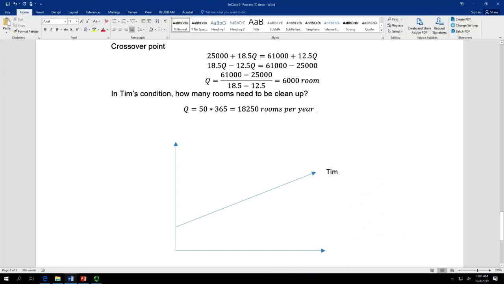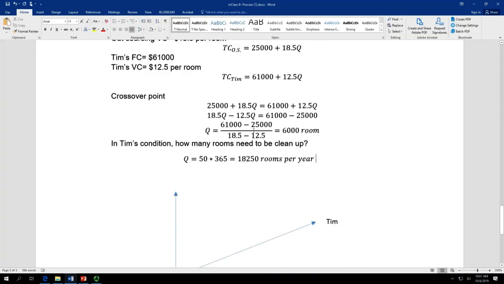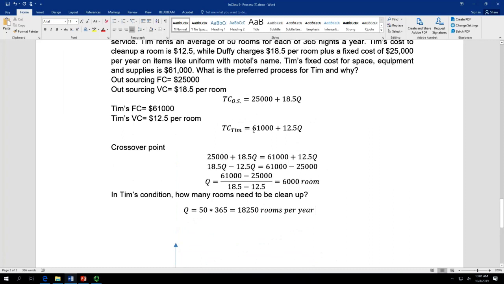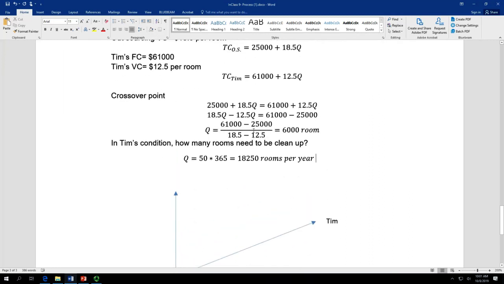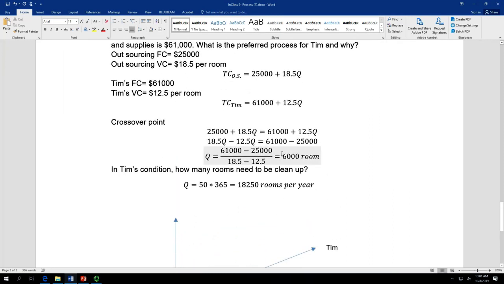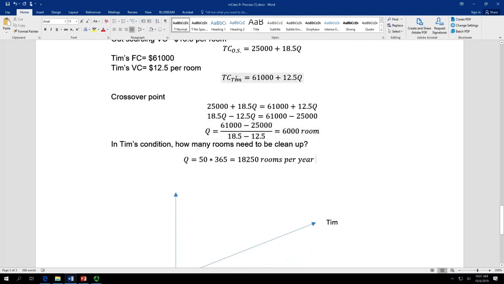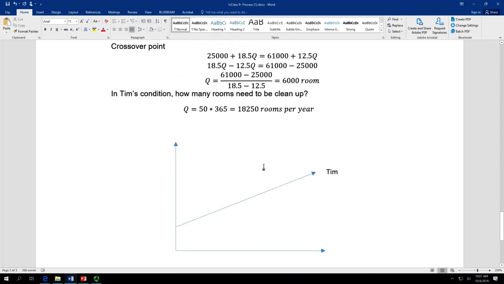And for the Duffy service, it is an outsourcing company that charges 25. So for the team service, I want this to be higher, to be like this.